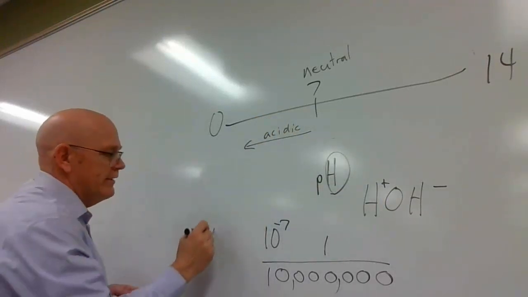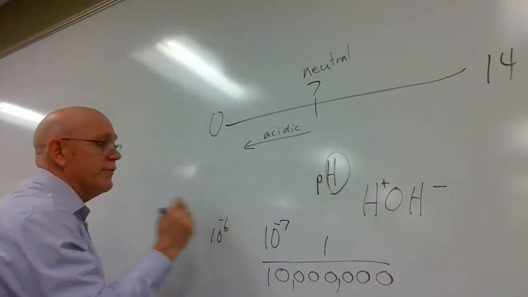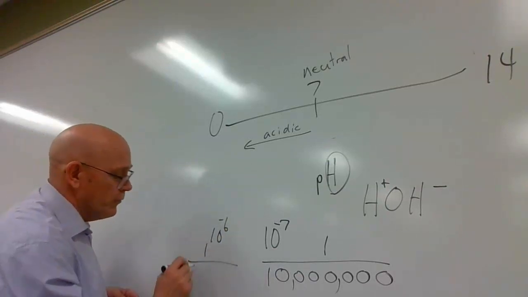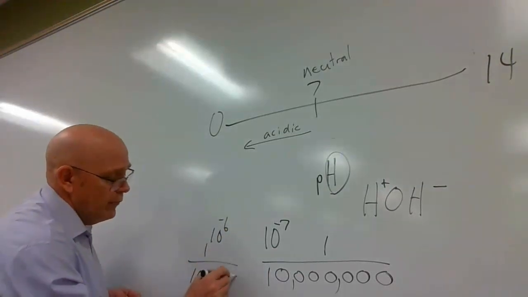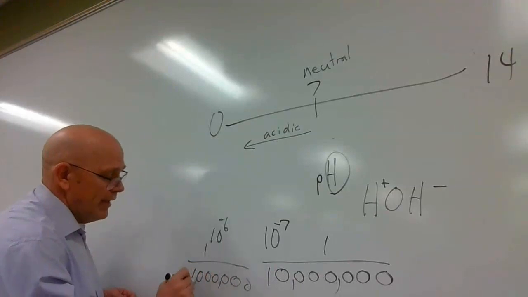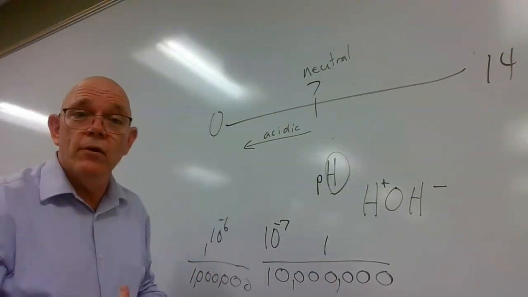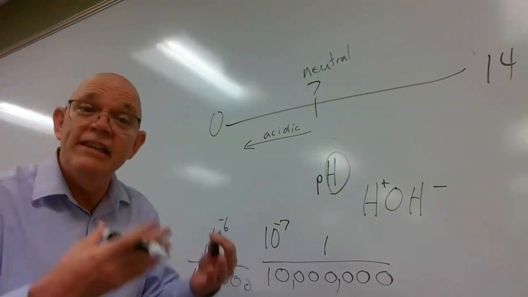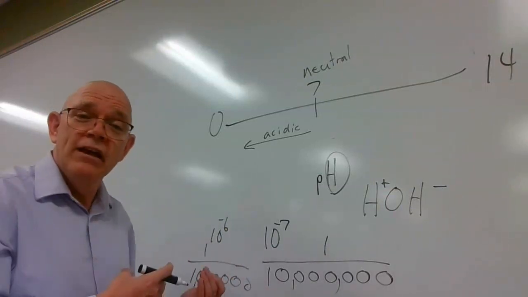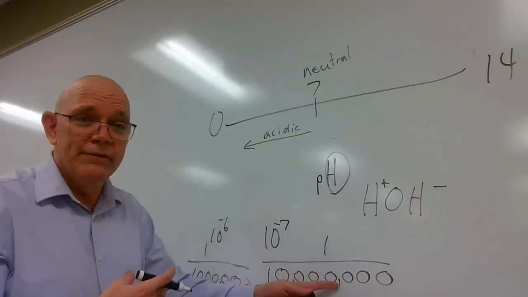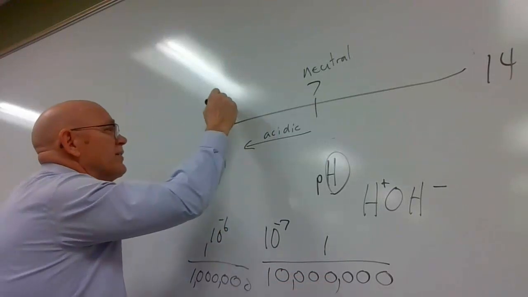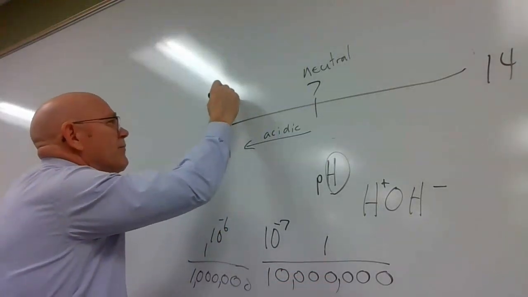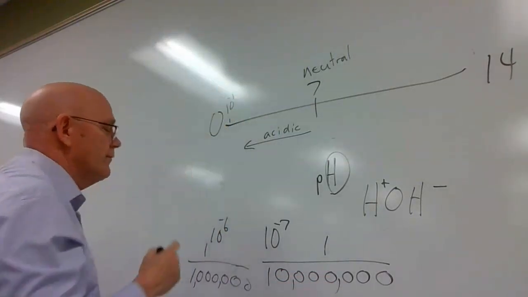Well, let's say you go down to 10 to the negative 6th. That's 1 over 1 with 6 zeros, so the hydrogens are 1 in a million. That's a higher concentration, 10 times as strong as the last one. You get all the way down to a pH of 1, which is 10 to the negative 1.